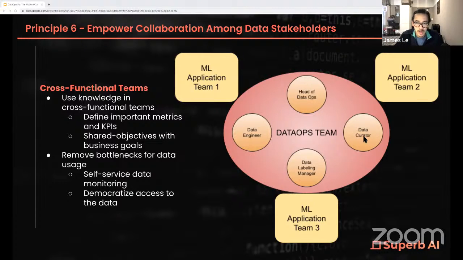You have the data curators, who are experts in their respective data domains. They are capable of visualizing and manipulating your dataset, and their knowledge of the business goal as well as the machine learning capabilities can inform the organization to prioritize data curation efforts to improve your machine learning system. And finally, basically, the head of DataOps, the leader who will oversee these strategic DataOps practices.